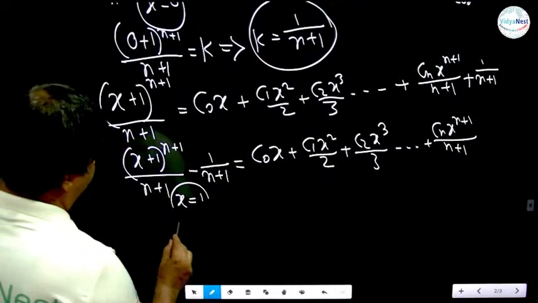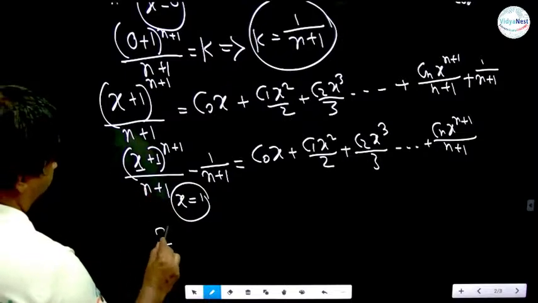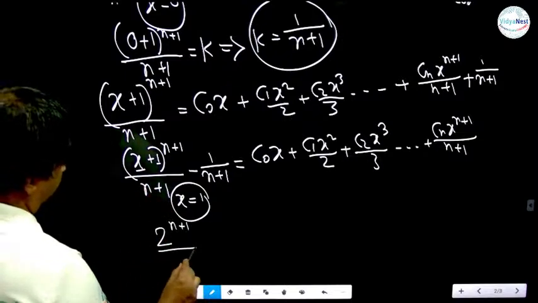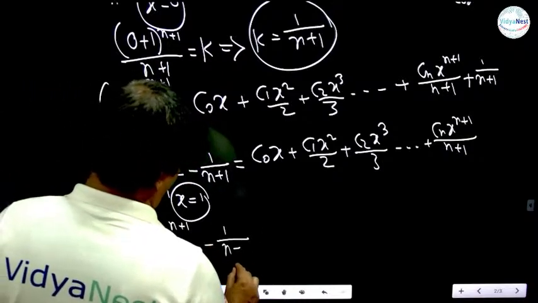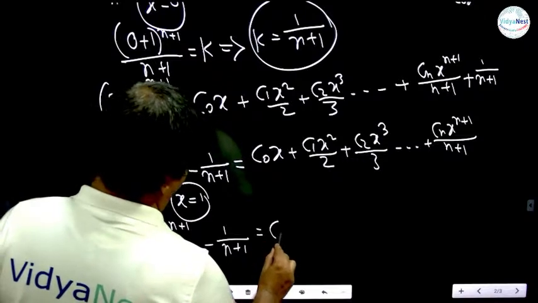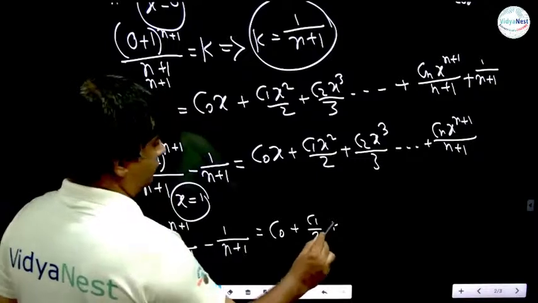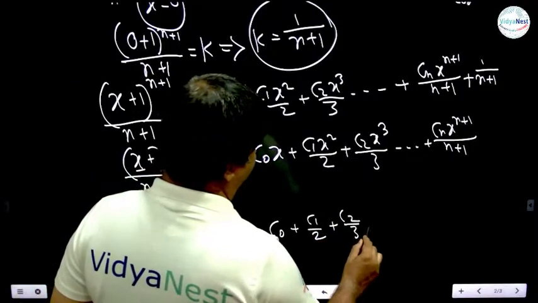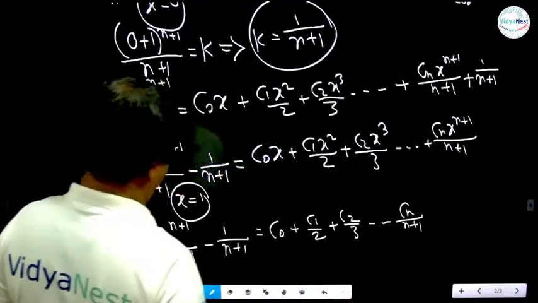In place of x, 1. So it will become what? 1 plus 1, 2. C0, C1 by 2, C2 by 3, Cn by n plus 1.